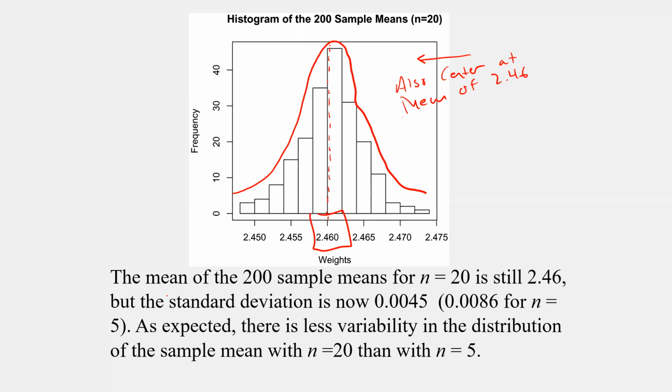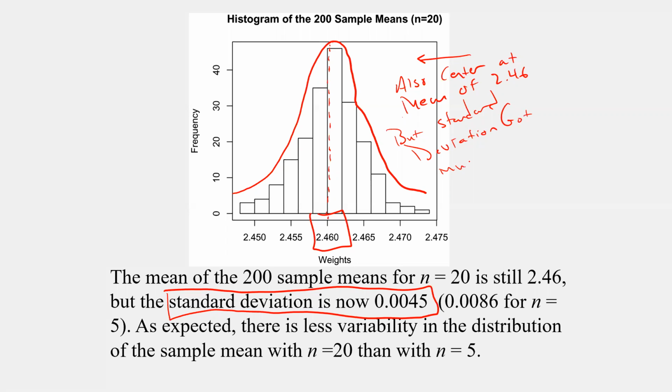But if you were to calculate the standard deviation of this, it got much smaller. So as expected, when we increase the sample size, there's less variability in the distribution. And we saw as the sample size increased, boom, I got this much cleaner normal distribution. It looks so much better.